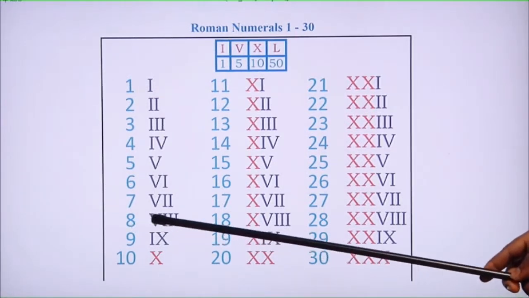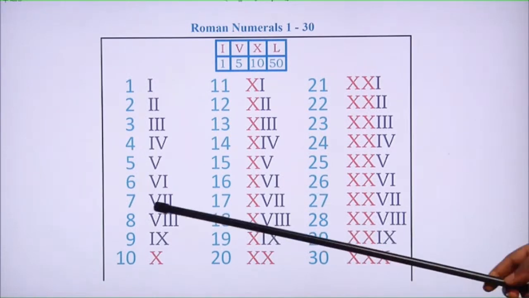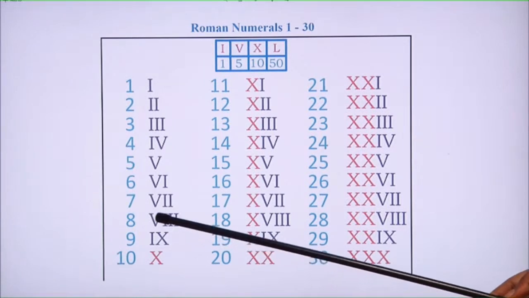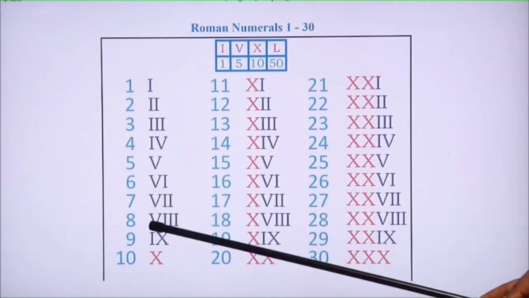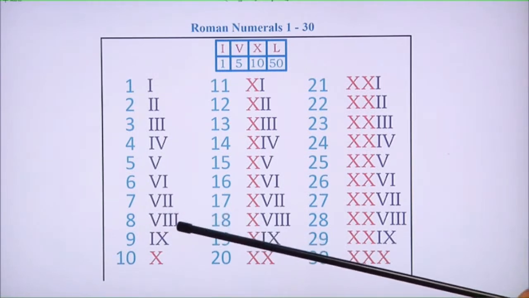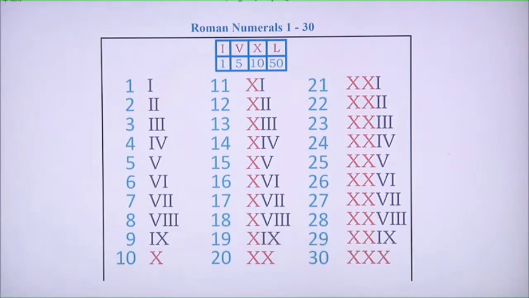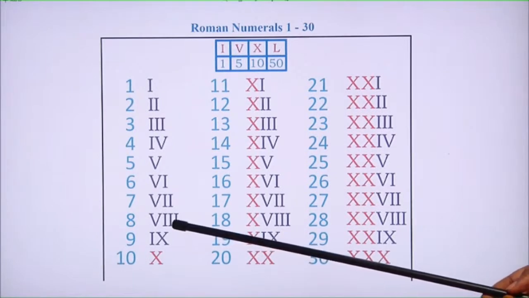8, we have VIII. V is 5, and we know I to be 1. If a number is written thrice, we multiply that number by 3.